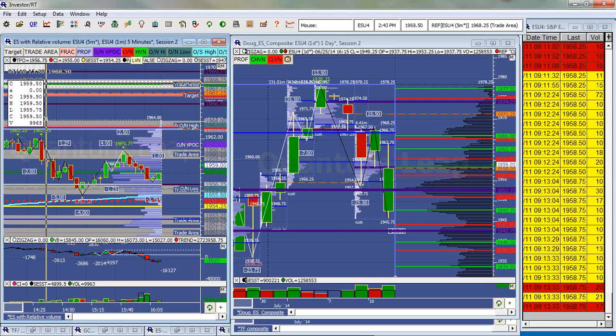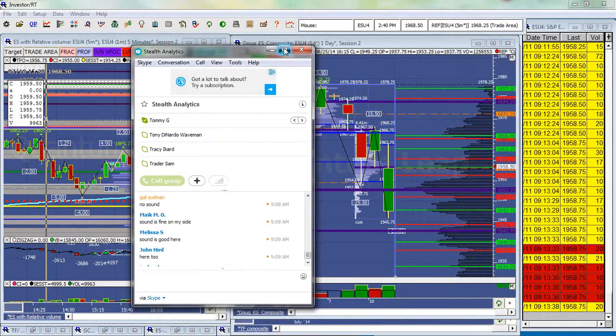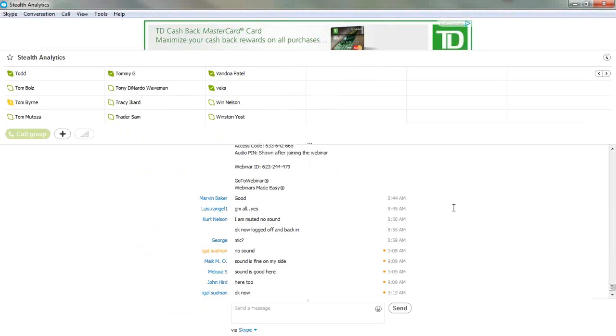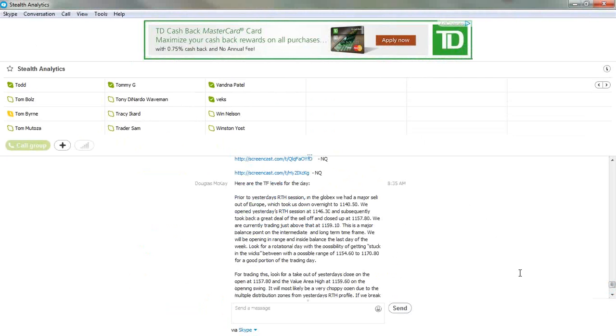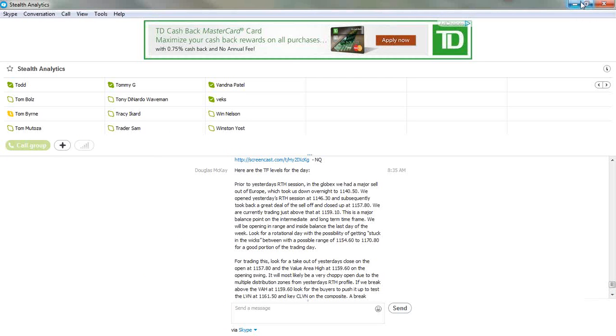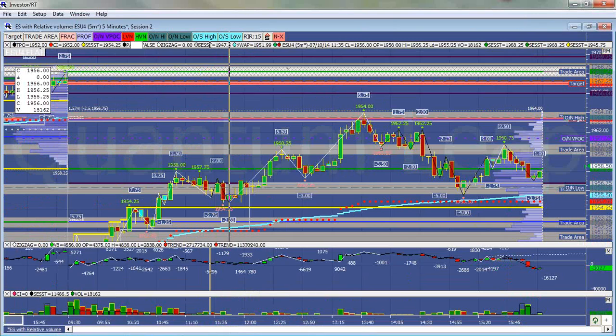Let me just do this because I know I'm running late. So I'm just going to bring up the trade room, and we're just going to walk you through. Yeah, by the way, Doug, the Globex VPOC did shift to 57.75. It did shift to 57.75, so let me make that change.